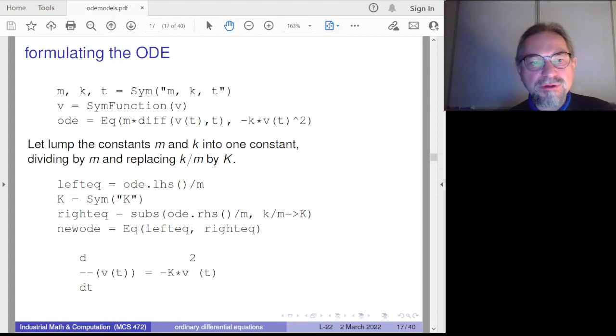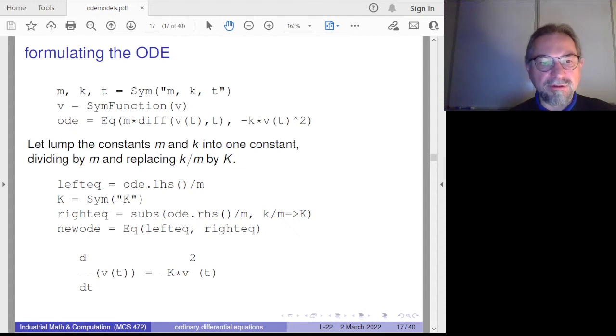So the EQ construction has the advantage that we have an equation object as our ordinary differential equation, and we can select the left hand side and the right hand side. So what we would do by hand, if we would do this by paper and pencil, we would divide by m and then substitute the little k over m by the big K. But here you see this all now done symbolically for the equation.